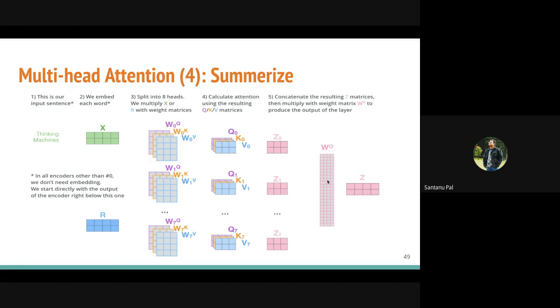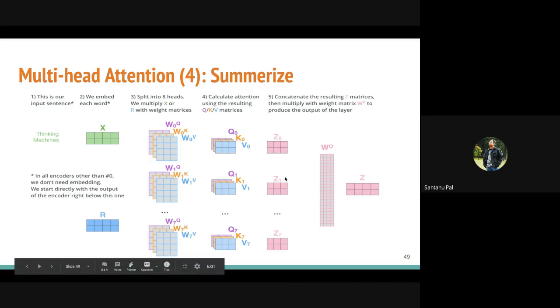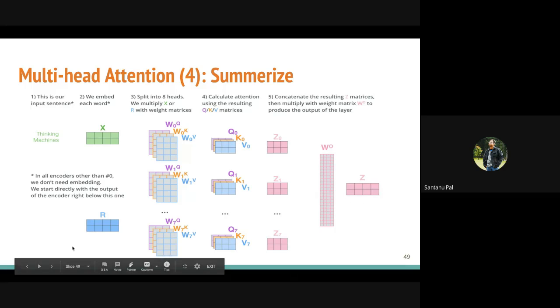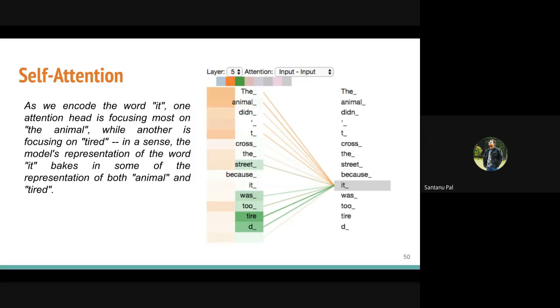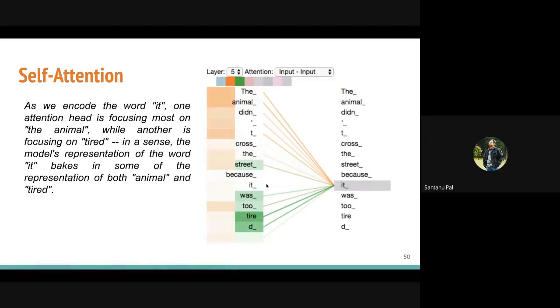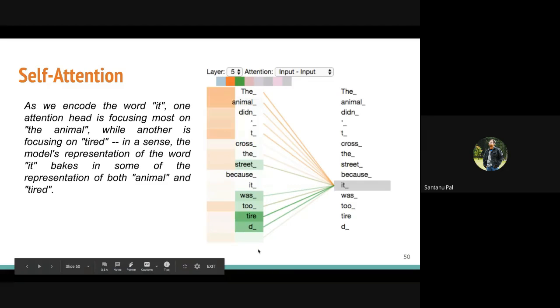Then we concatenate all together and multiply by the weight matrix, and finally get the same size as the inputs, Z. And now if you see, it has some relation. If it is too tired, it can identify the strong relation between state and tired.